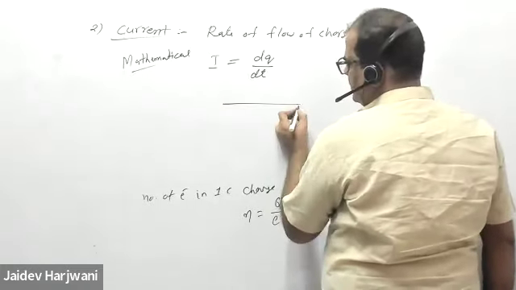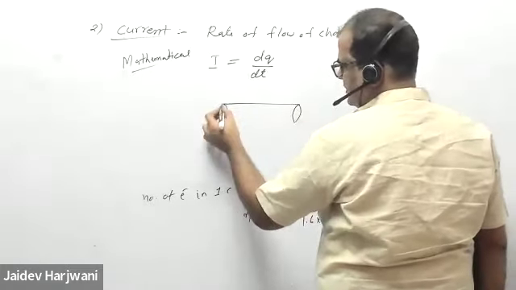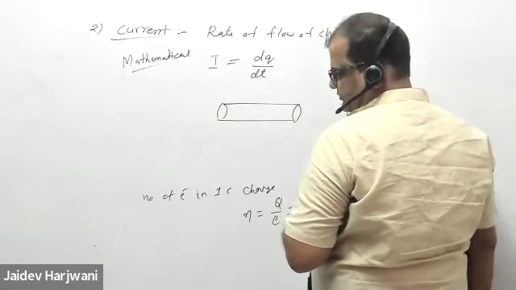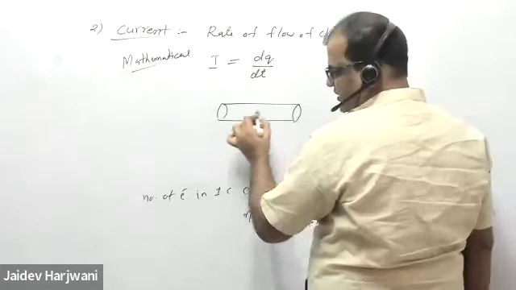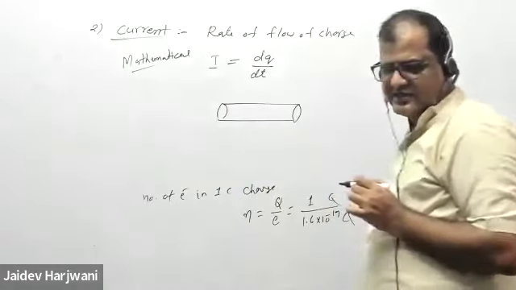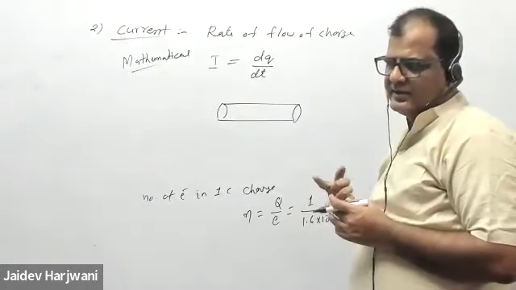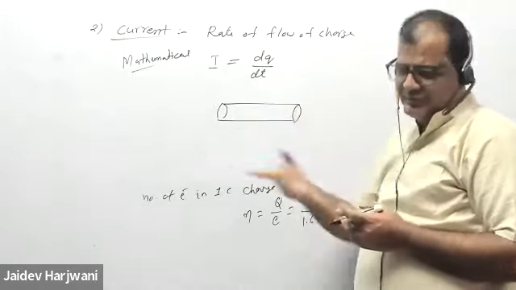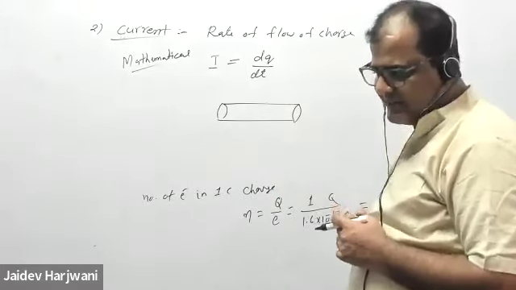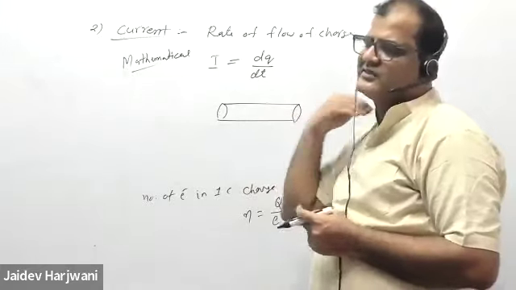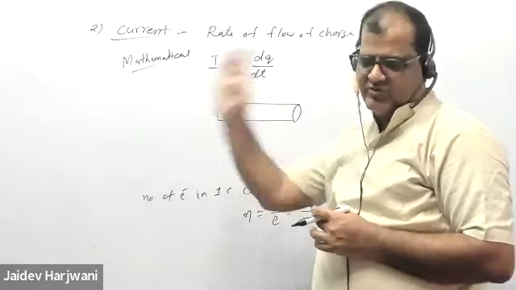This is my conductor, and the charges present in the conductor are electrons. I want to make them flow, to accelerate them. If they are not accelerating, at least they are moving with some constant speed.